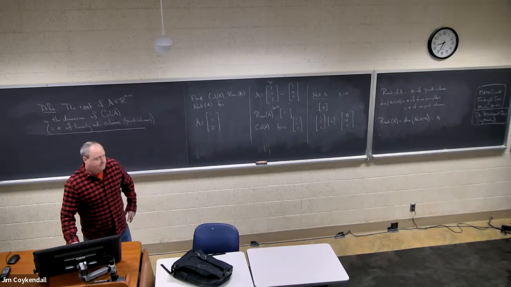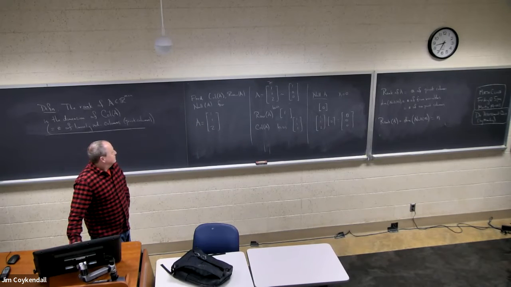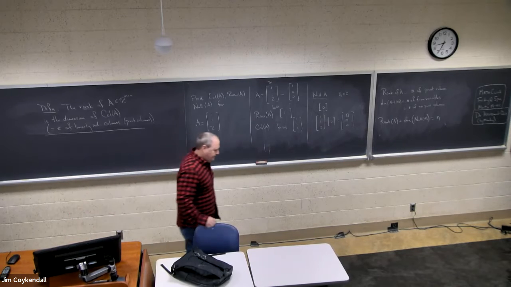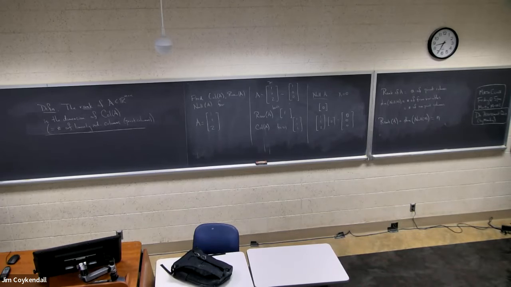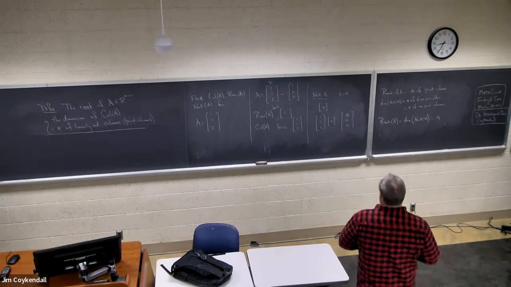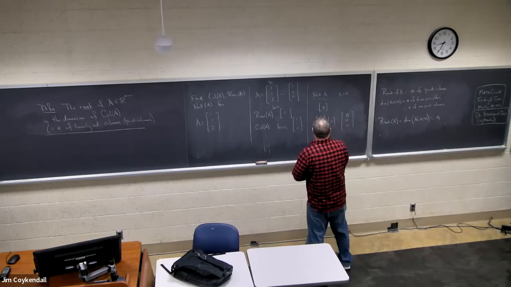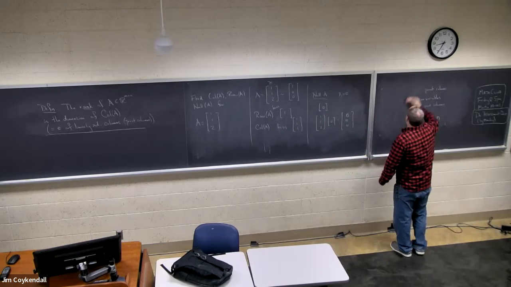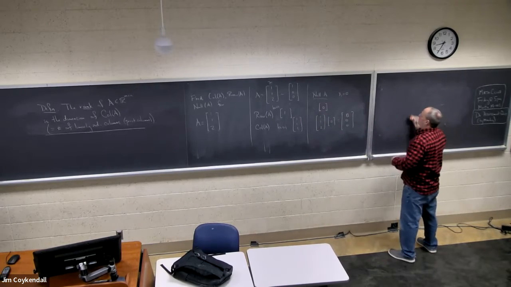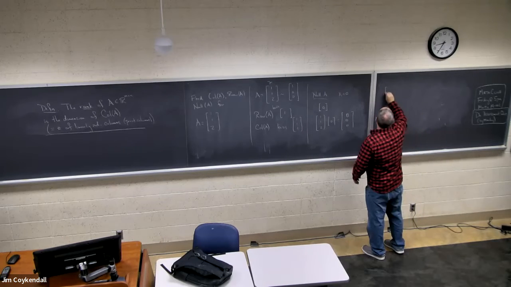Any questions on it? Yes. No, there's always something in the null space because there's always 0. And in fact, in this case, it's always 0. Think about it this way: take something in the null space, 1, 1, 2.